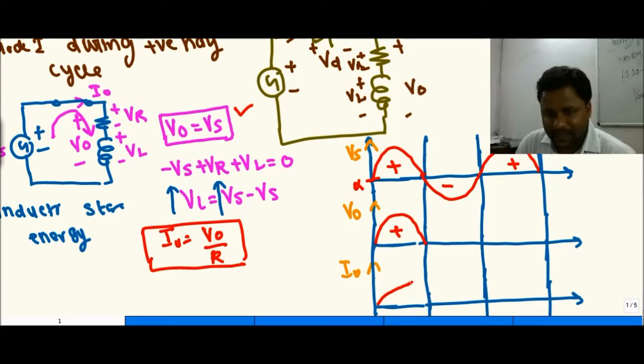Here we can say that up to this point the inductor current is maximum. Why is it maximum?